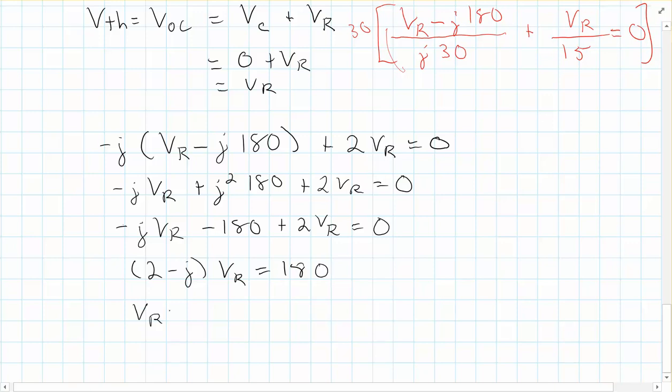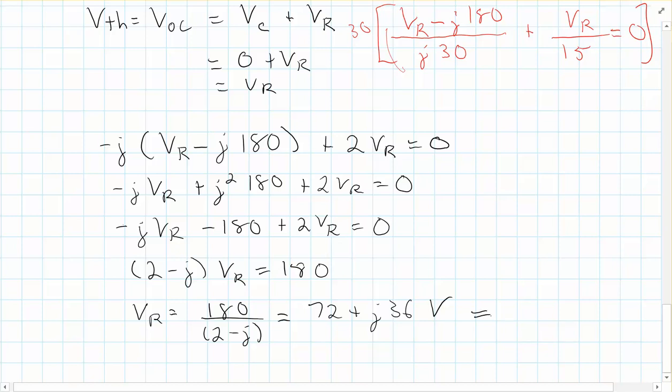So then the voltage across the resistor is 180 over 2 minus j, which let me go ahead and do that computation real quickly here. So 180 divided by 2 minus j, and we get that this is 72 plus j36 volts. Now, we often put this back into polar form.